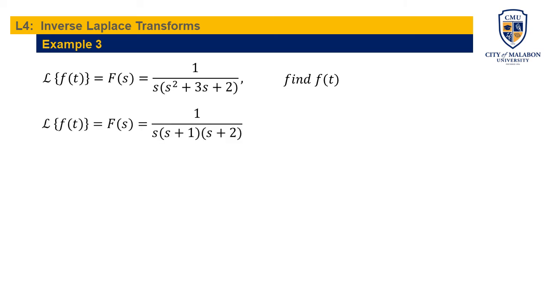Alright? So, dito, pwede natin gamitin yung ating factoring dun sa expression na s squared plus 3s plus 2. If-factoring natin yan para magkakaroon tayo ng tinatawag natin partial fraction. Okay? By using partial fractions, masasolve natin yung ating mga inverse Laplace transforms ng mas madali.